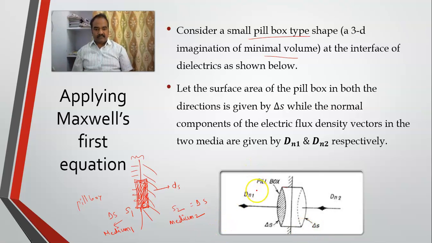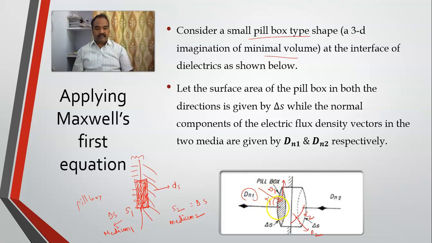And I'll assume that the directions of these vectors are D1 and D2. Okay, this is D1 and it might be making an angle, and D2 also, this is alpha 2 and this is alpha 1. So this is Dn1, which is now D1.